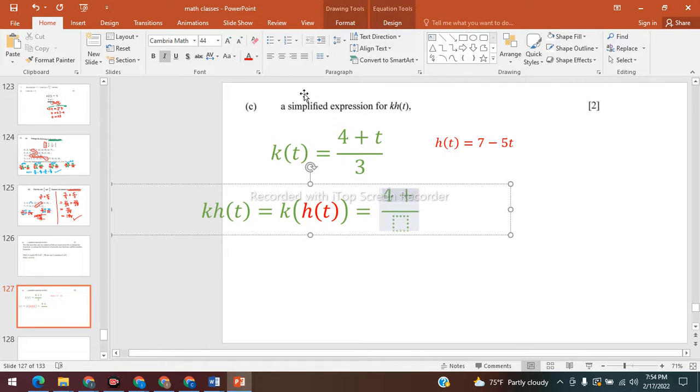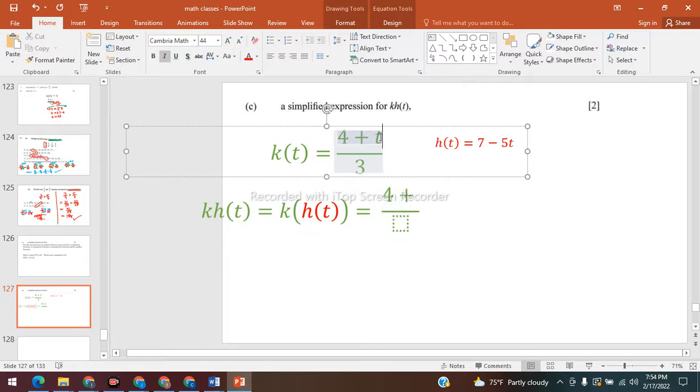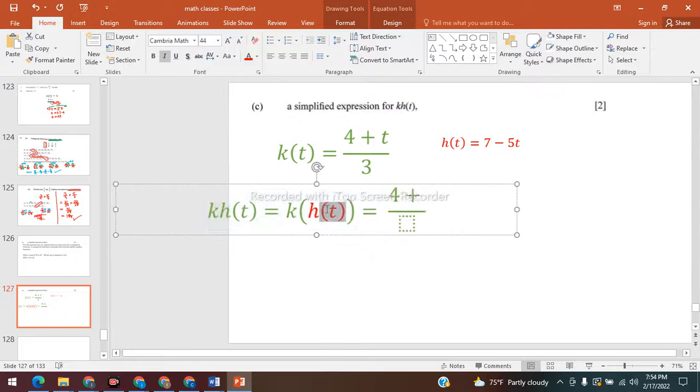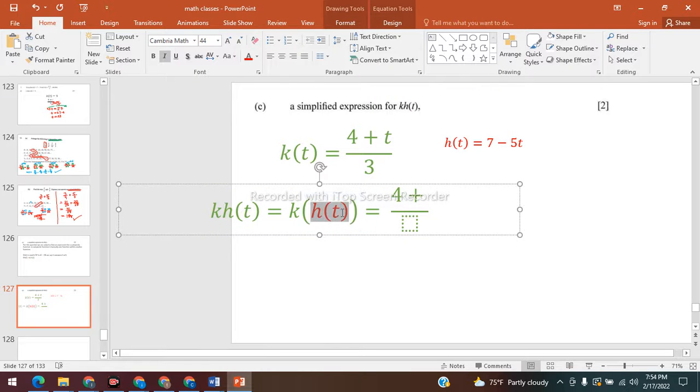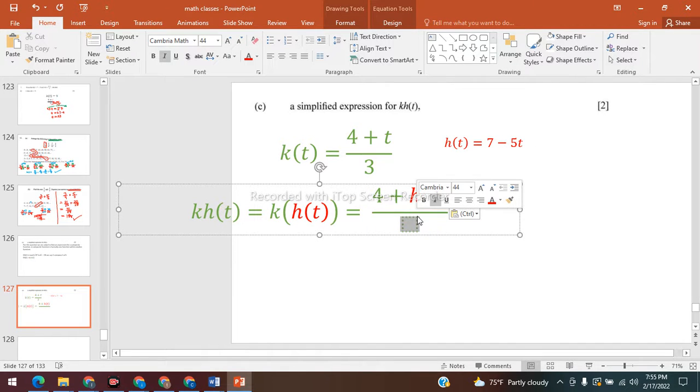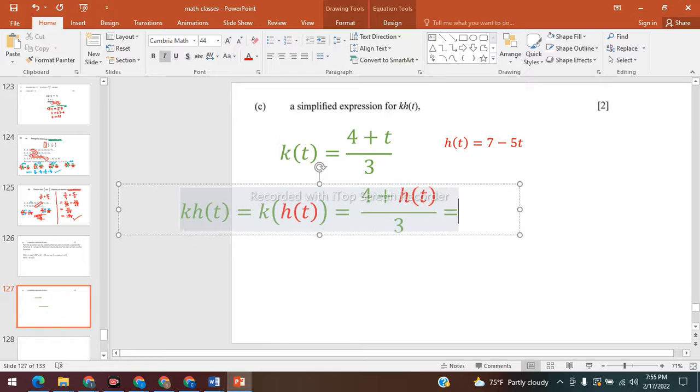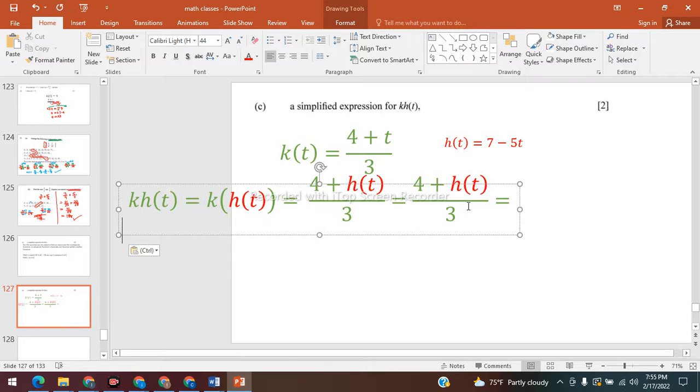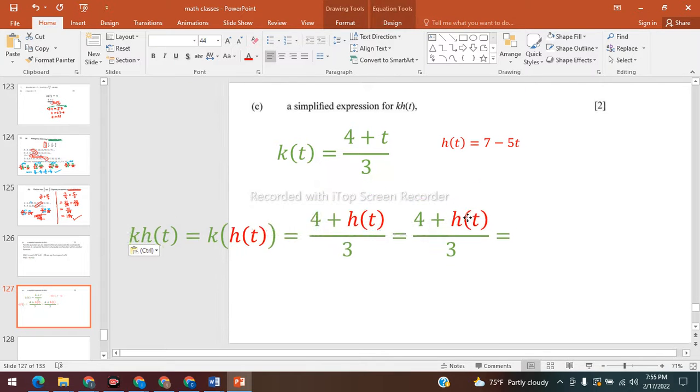So what I'm asking is, what do we put in place of t? H of t, yes. So it's going to be h of t, and then all over 3 is going to be equal to, remember what h of t is.